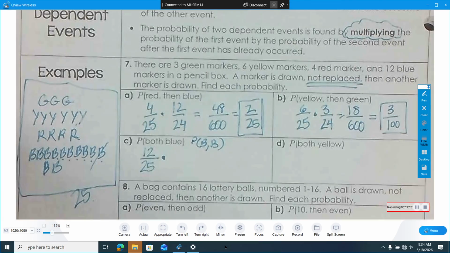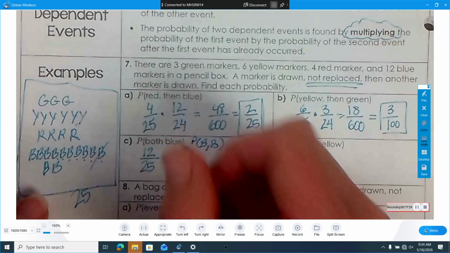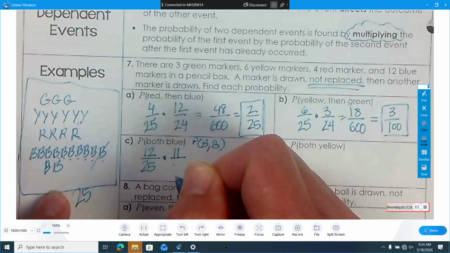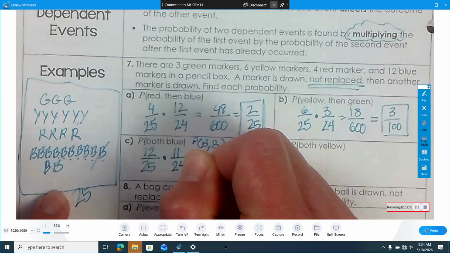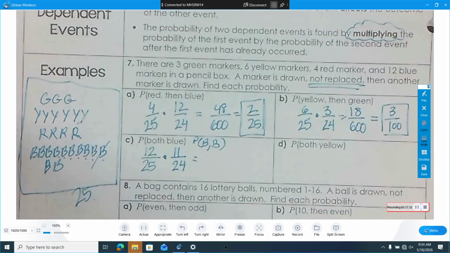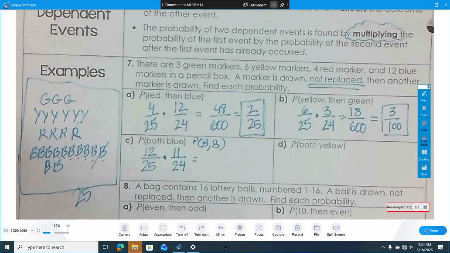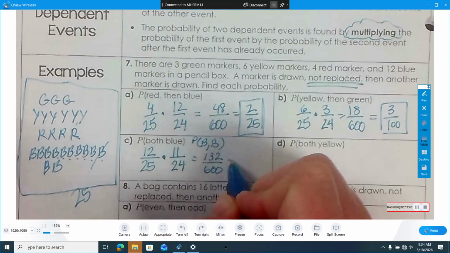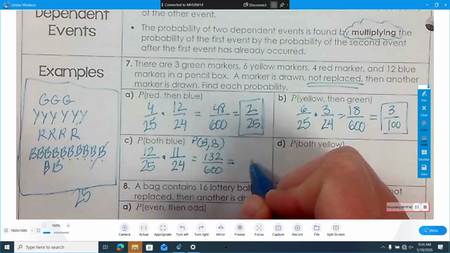Now I take it away. I don't put it back in. So now there's only 11 blues from which to choose. And how many are in my bag now? 24. So that is a good example of how the probability is changed. 11 times 12 is 132 over 600. And that reduces to 11 out of 50.